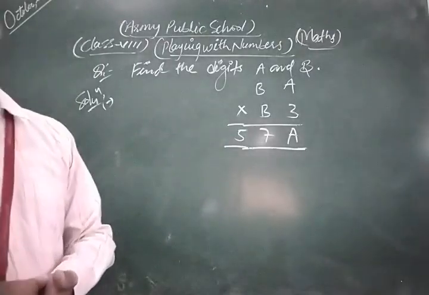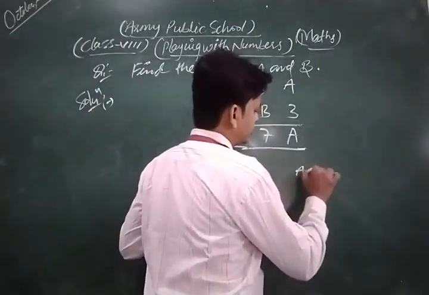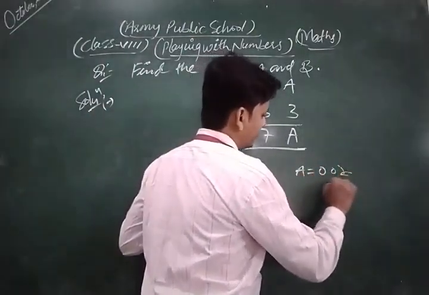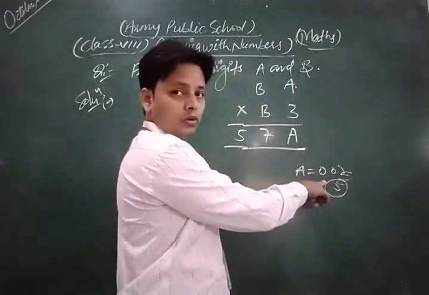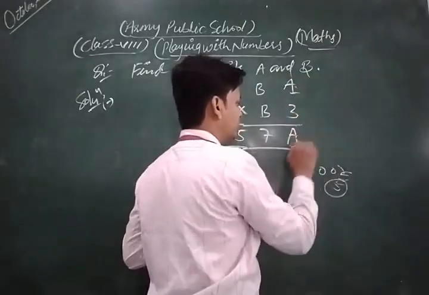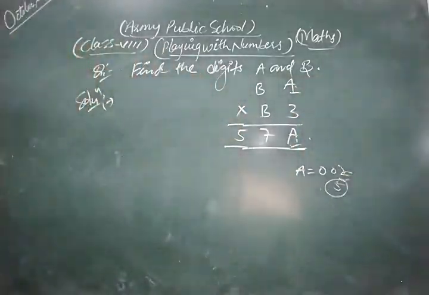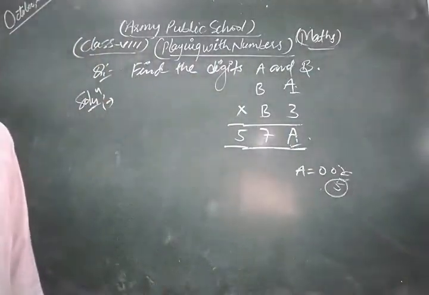So in this way, the value of A we choose is 0 or 5. Because if we put 0, then 3 zeros are 0. Okay, and if we put 5, then we get 3 fives are 15. So both values are the same. Okay, now look at B. If B is equal to, we take it as 1.